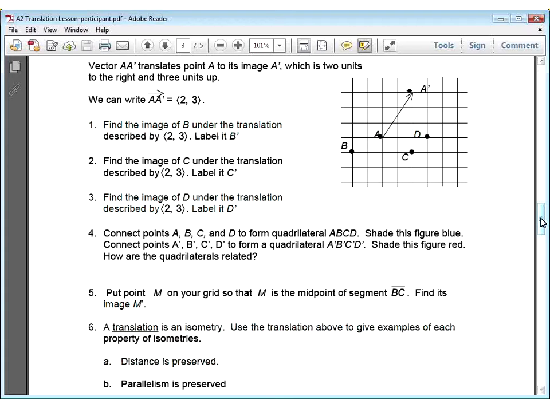Okay. If I want to describe the movement in an algebra way, this isn't in this piece, that's why we're coming back together, then I would write it the way I just wrote it: x plus 2, y plus 3. They name the points. Does that make sense?